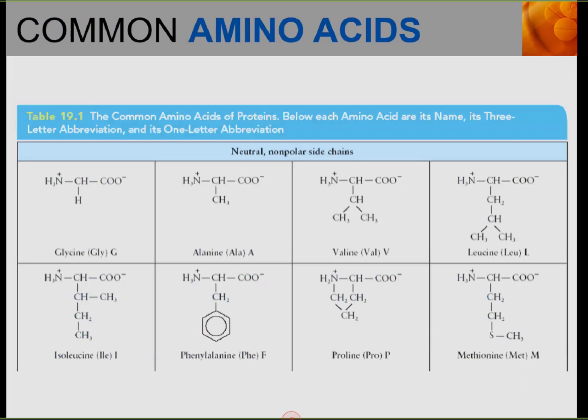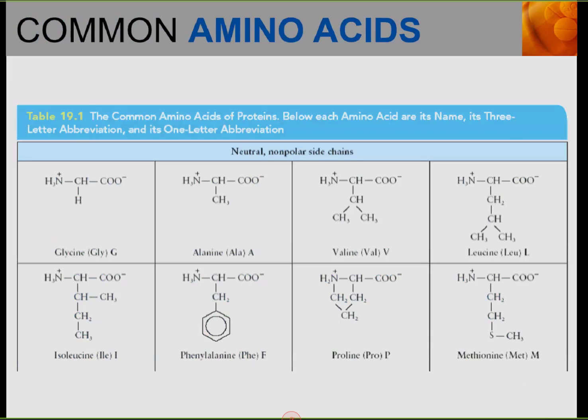The simplest amino acid is glycine. It's in the upper left-hand box that you see. It has only a hydrogen on that alpha carbon. It has actually 2 hydrogens, but the hydrogen represents the R group in glycine. Alanine has a methyl group in place of the R. Valine has an isopropyl group.